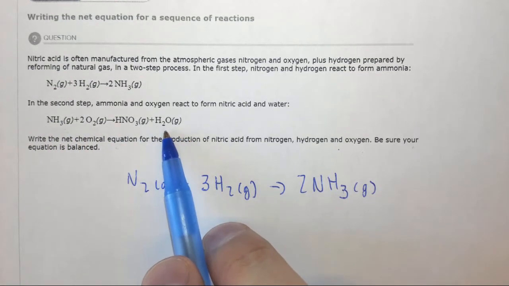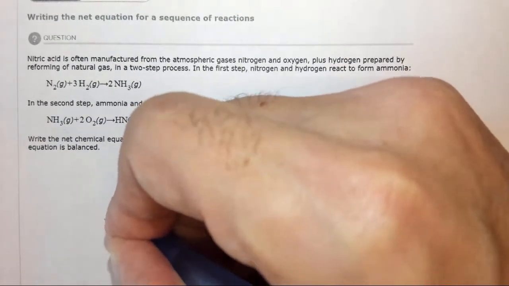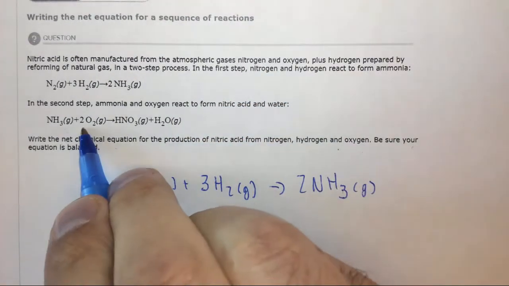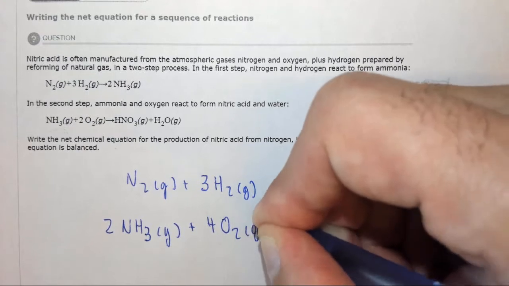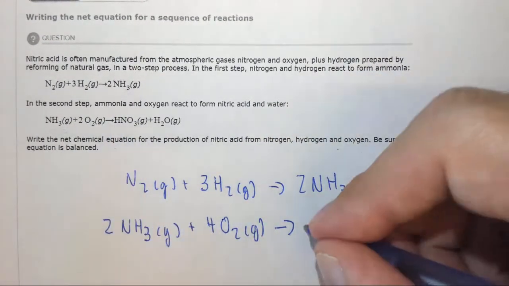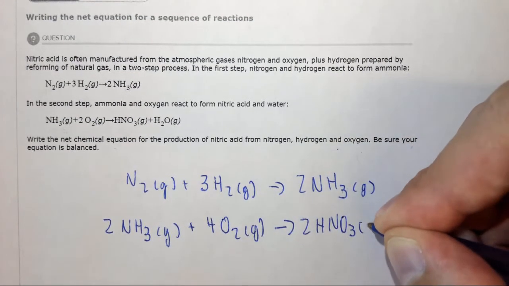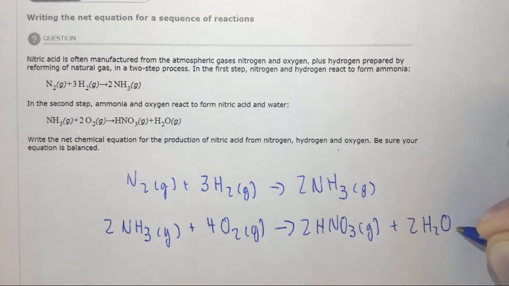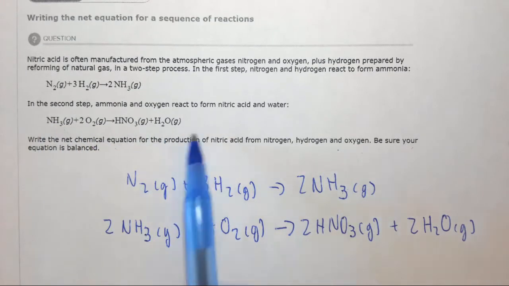Otherwise, the equation will not be balanced. So instead of just NH3, I want to double this to 2NH3 gas, plus, instead of 2 oxygen, I want it to be 4 O2 gas yields 2 HNO3, which is nitric acid gas, plus 2 H2O gas. So I've literally doubled everything, 2 of everything.